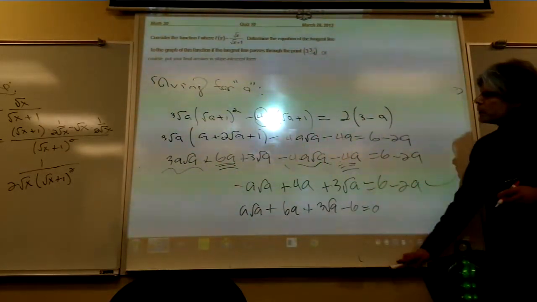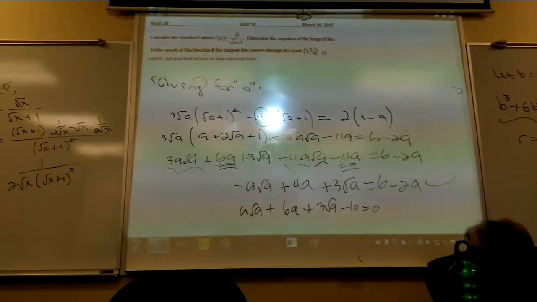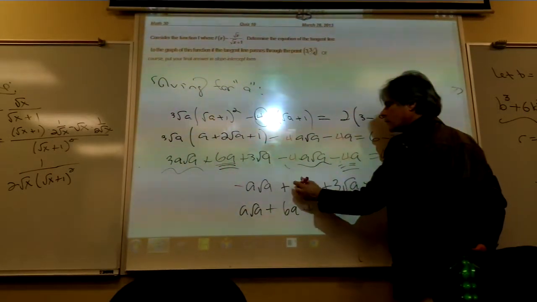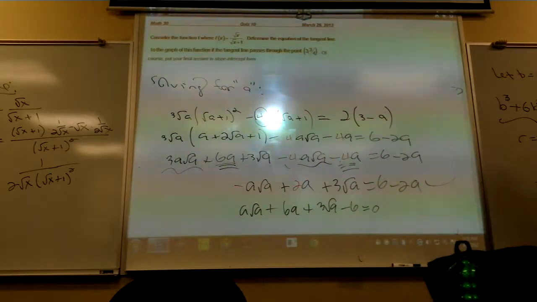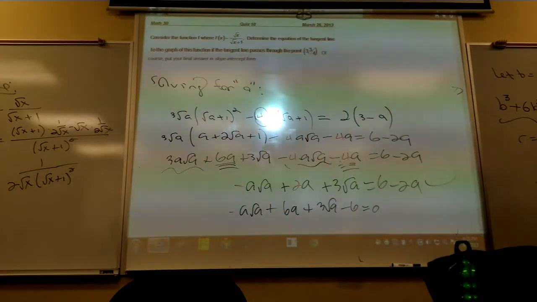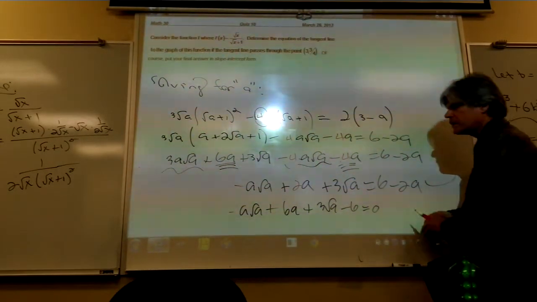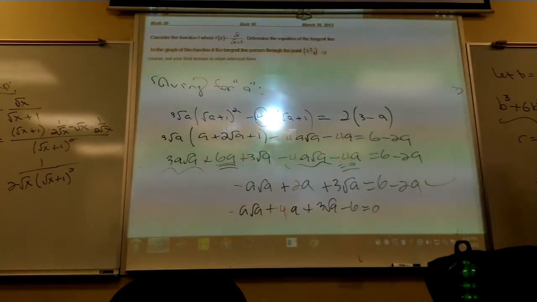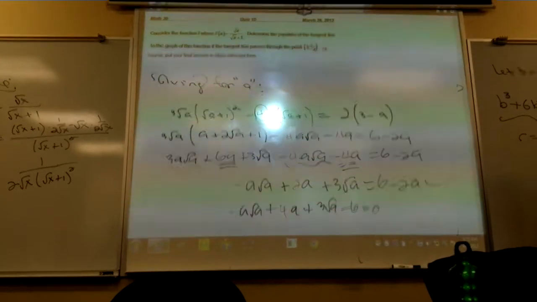As far as the A's are concerned, I think that's going to give me a positive 2 of the A's, not a 4 of them. So I still have a negative sign out front here. But in adding 2A to both sides, I think it's going to give me a total of 4 of them. So far, is that okay?